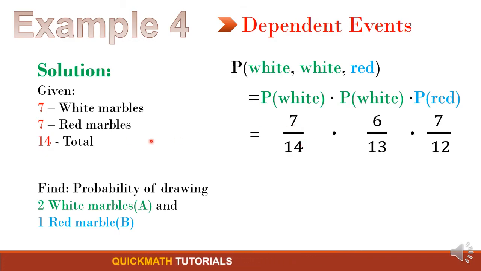We have 7 because we are given 7 white marbles, over 14 because the total number of marbles is 14.